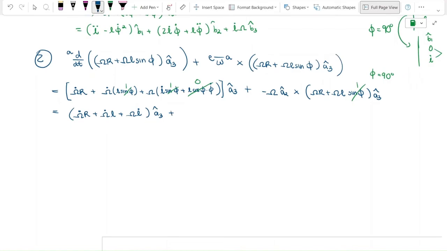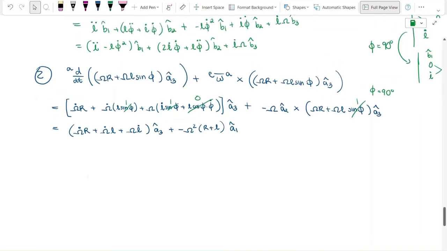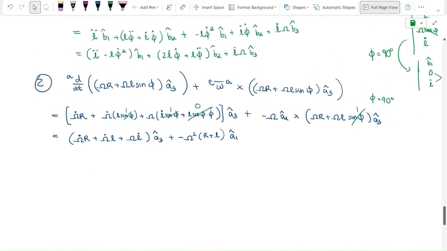Plus, in this case, we have negative omega crossed with omega r plus omega L. So this gives me omega squared (r plus L). And because it's an A2 crossed with an A3, that means it's A1 hat. So we have negative omega squared times (r plus L). I think that is correct.